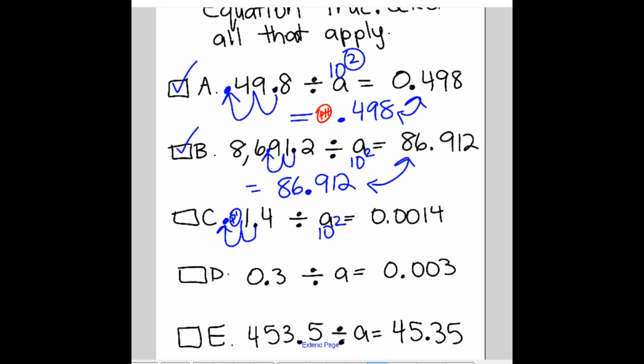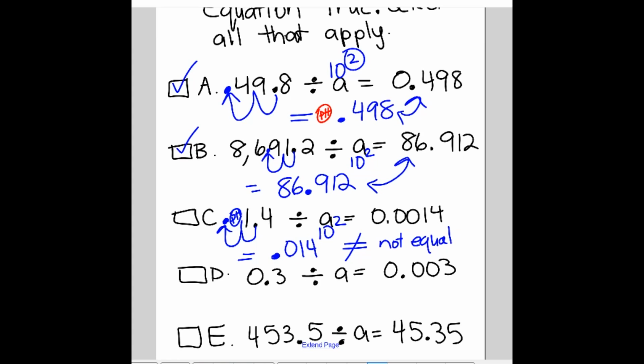What goes here? A placeholder, because that's an empty spot. So now my answer looks like 0.014. Does that look like what we need it to look like? No, it does not, because the decimal that we need is going to be decimal 0014, but that's not what we have here. So these are not equal. The equal sign with the cross in it means not equal. So we don't want that.